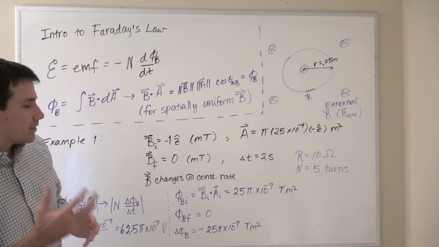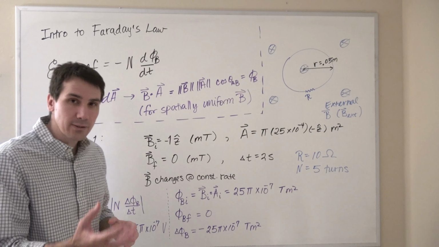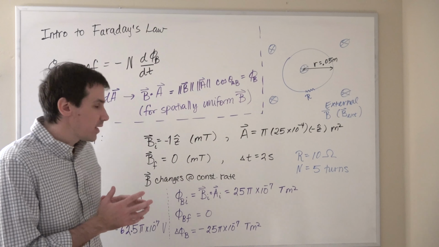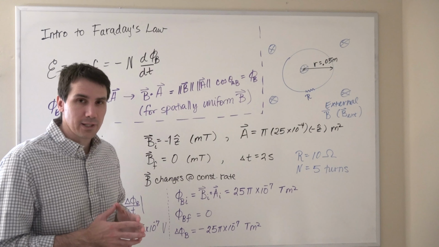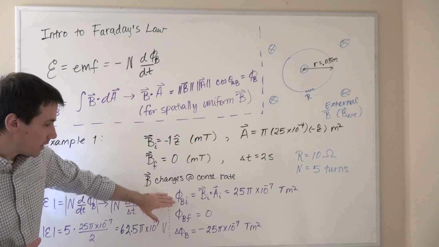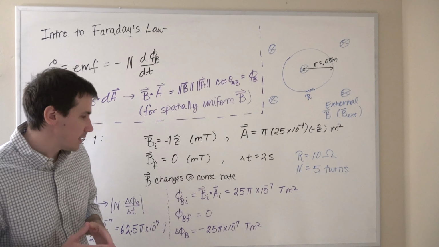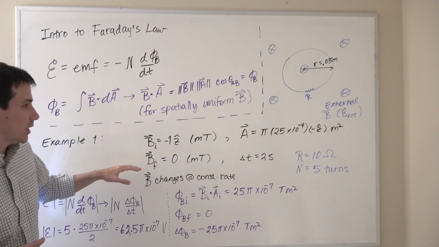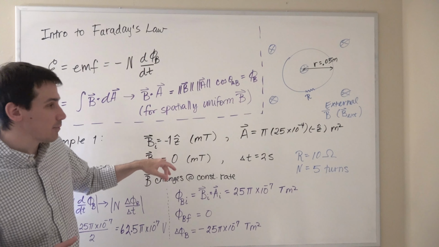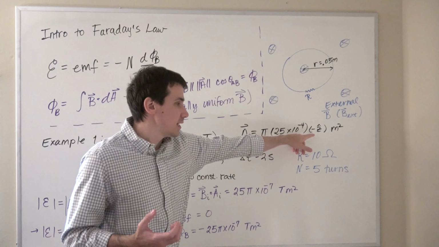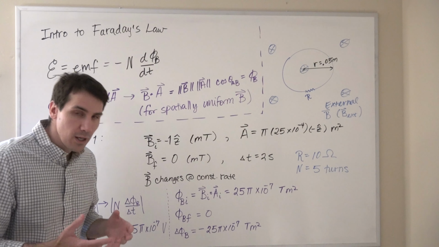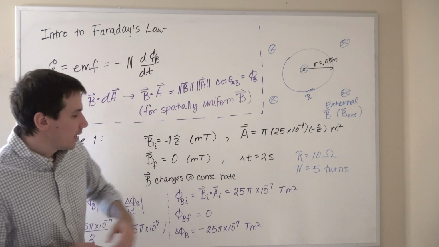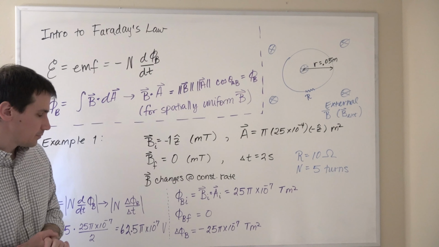Okay, so what that means is that we can actually calculate the initial and final flux. We have an initial magnetic field multiplied by area. We have a final magnetic field multiplied by area. So the initial flux is given by B initial times A initial, which is our magnetic field multiplied by our area vector. It's a dot product, but because both vectors point in the negative z hat direction, it turns out just to be the multiplication of the magnitudes of these two vectors, and that leads to this result.